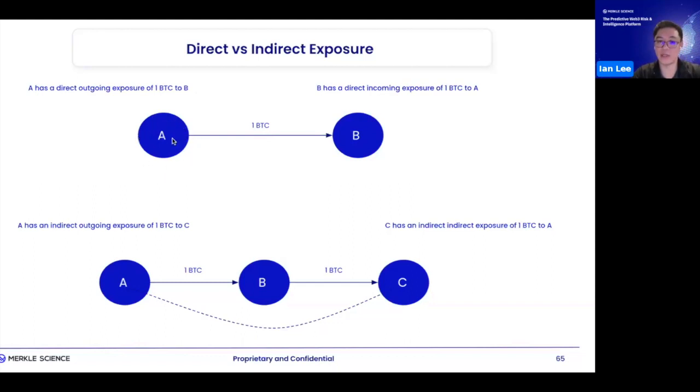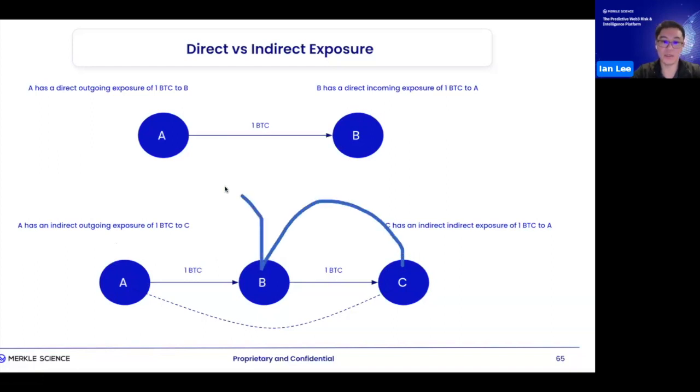So we can actually see that wallet A has sent funds to wallet B. But because we can also see all of the transactions that wallet B has conducted, we would then be able to see that, hey, the one Bitcoin from wallet A that went into wallet B then went into wallet C. And in situations like this, we would say that wallet C has an indirect exposure to wallet A, right? Indirect because there's an intermediary wallet B in between. Or we would say that wallet C is 2 hops from wallet A, right?